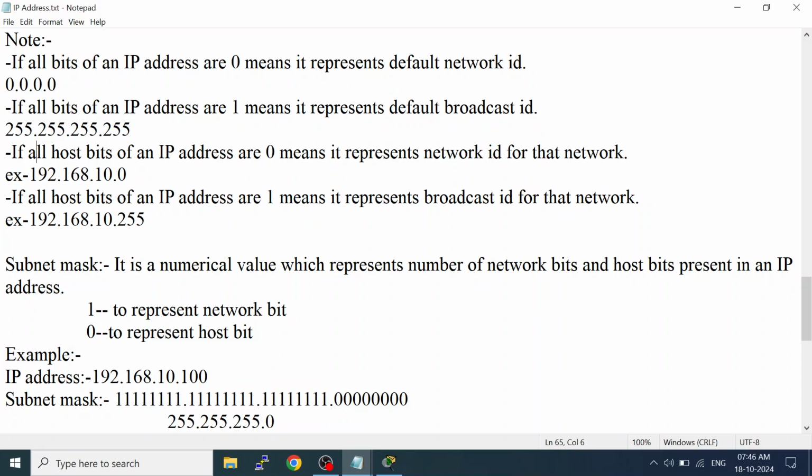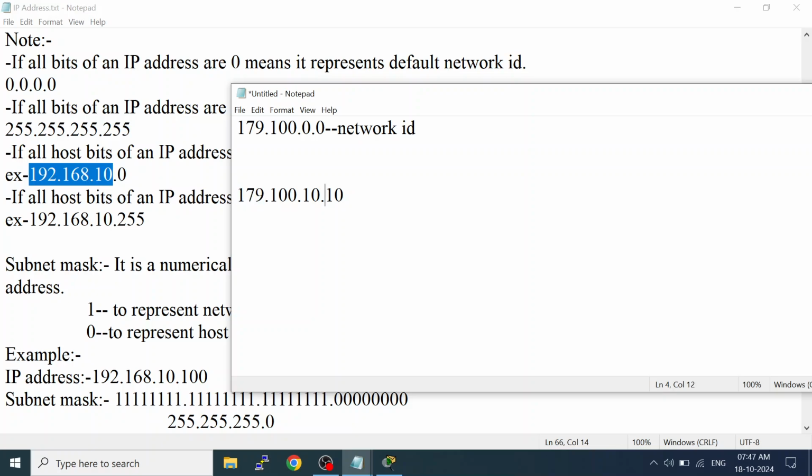In this example, it is for which network? 192.168.10. Understood? So any IP address that starts with this network ID, the rule will apply, or whatever we are going to use for this network ID will apply, not for other IP addresses. Similarly, if all host bits are 1, again I am repeating, 1 doesn't mean the value will be 1.